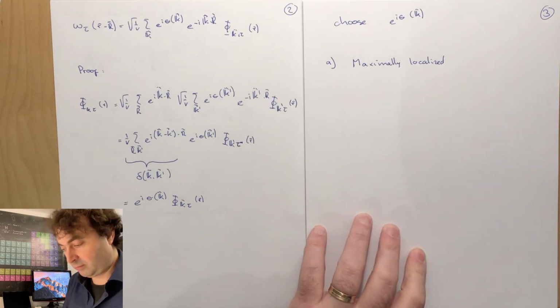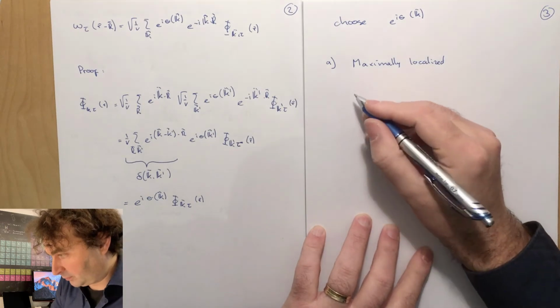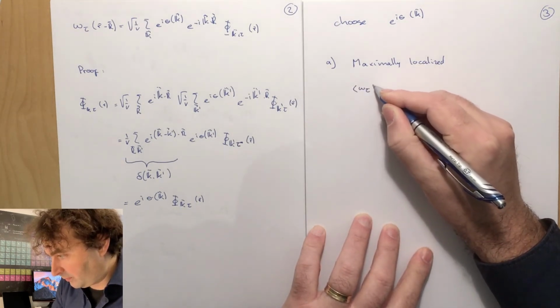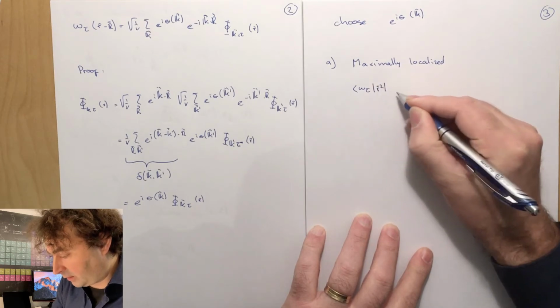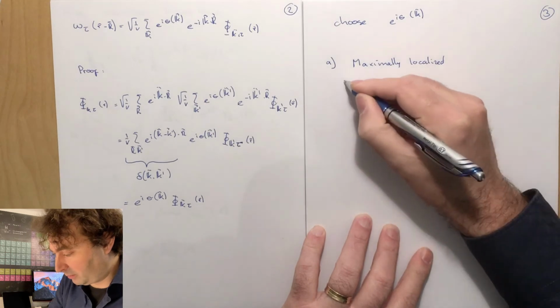But we can try to maximally localize our wave function. For that we can say, well, I have my Wannier function. I can calculate the expectation value of r squared, and I want to minimize this.